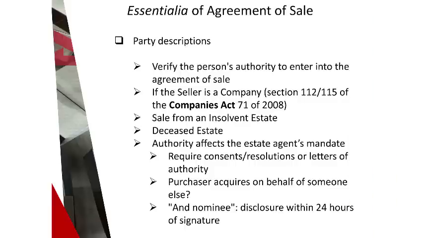They do not have authority to act without those letters of authority. So don't be in a situation where an executor, for example, enters into an agreement and you haven't asked for those letters of authority, because that agreement will be invalid from the outset.